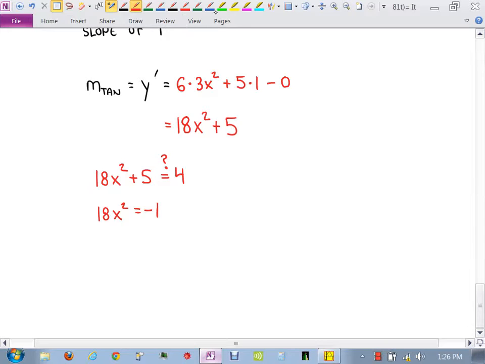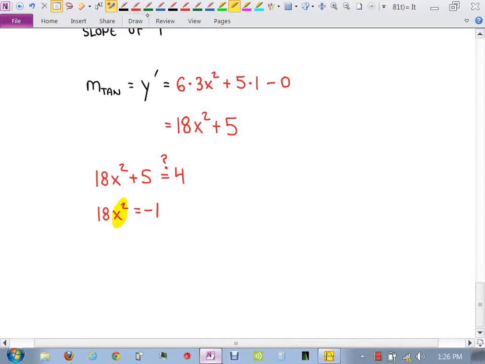I mean, think about x squared, right? X squared is a positive number, no matter what, as long as we're dealing with real numbers, which is what we do in this class. X squared has got to be positive. The worst case scenario is it could be 0. But then you multiply it times 18, it's either going to be 0 or a positive number. There's no way it's ever going to be negative.